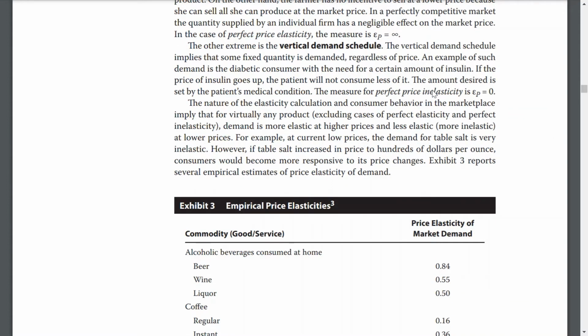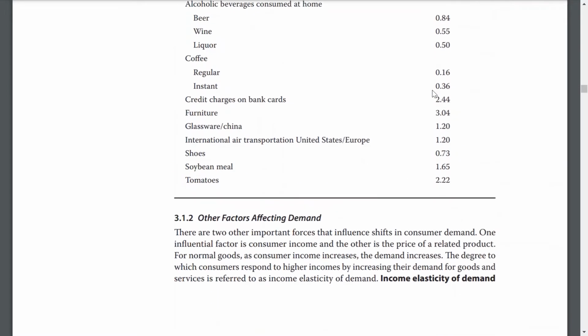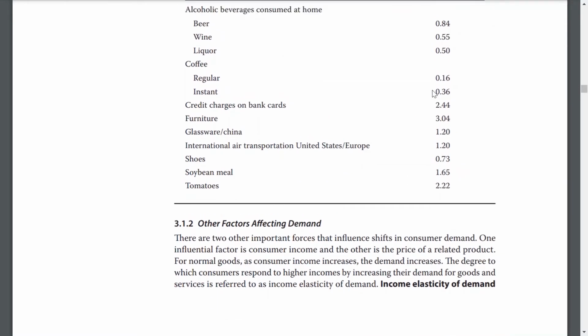The nature of the elasticity calculations and consumer behavior in the market implies that for virtually any product, excluding classes of perfect elasticity and perfect inelasticity, demand is more elastic than inelastic. So here's exhibit 3 showing some data and its elasticity.